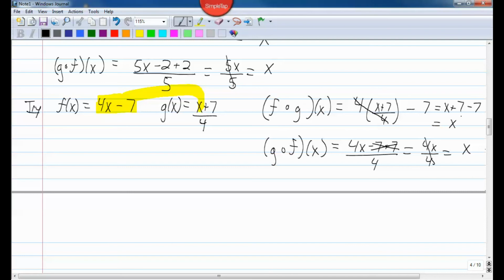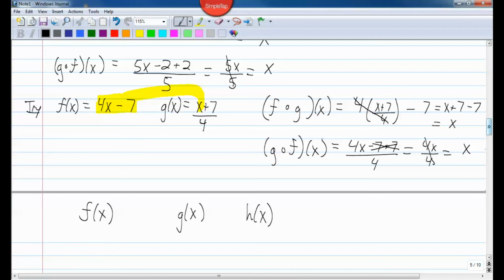Now I believe there's a homework problem where you have an f of x, a g of x, and an h of x. That just means you have 3 functions. And the question is, which functions are inverses of each other?